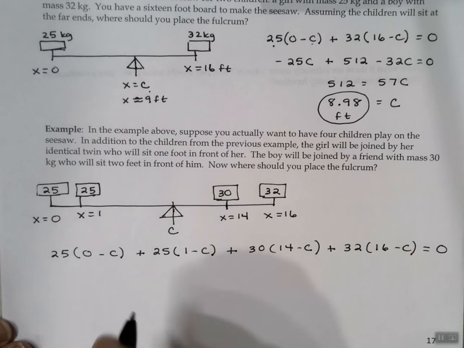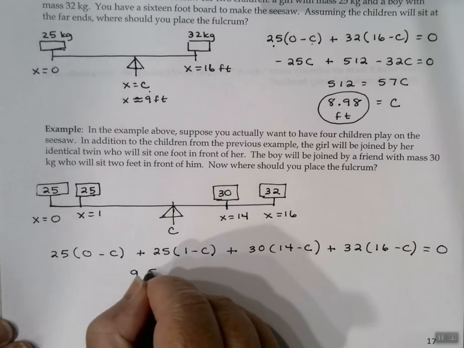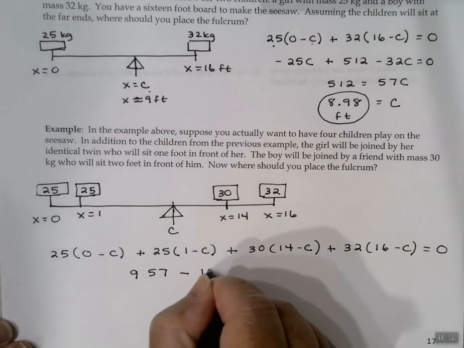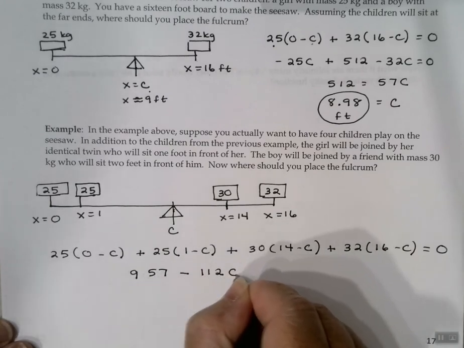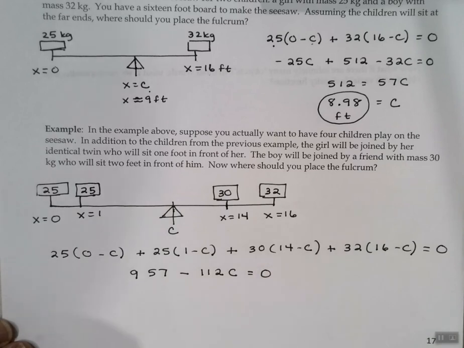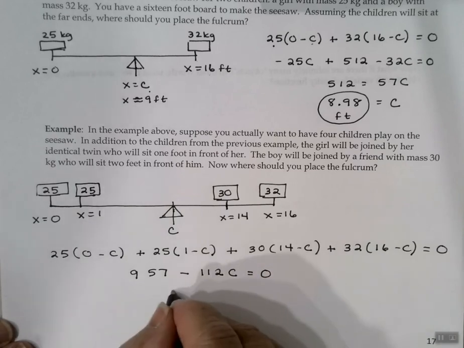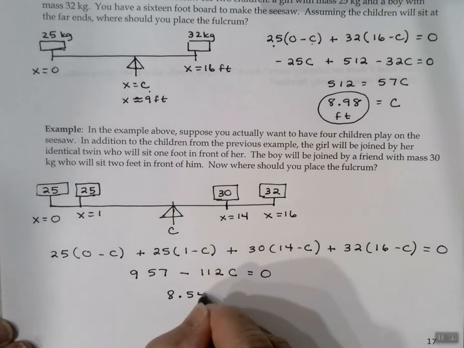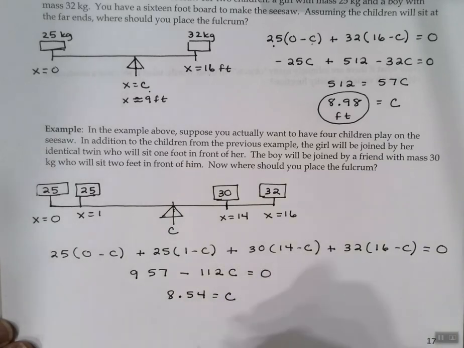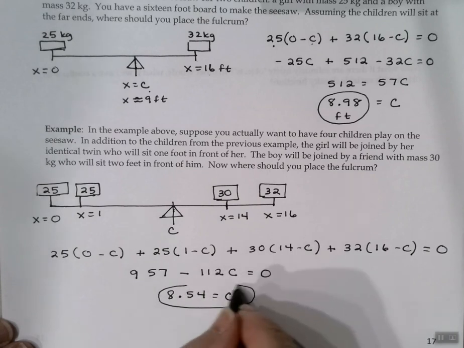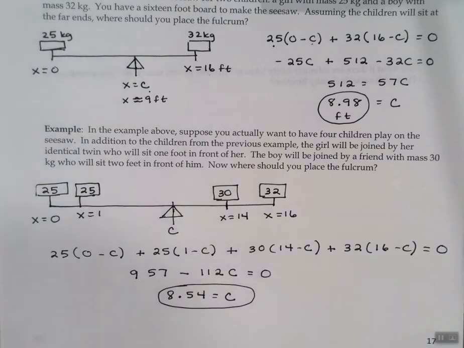Bunch of algebra. When you combine them all, you get 957 minus 112c equals 0, and that gave me a C of 8.54. So that's where we'd put our fulcrum this time.